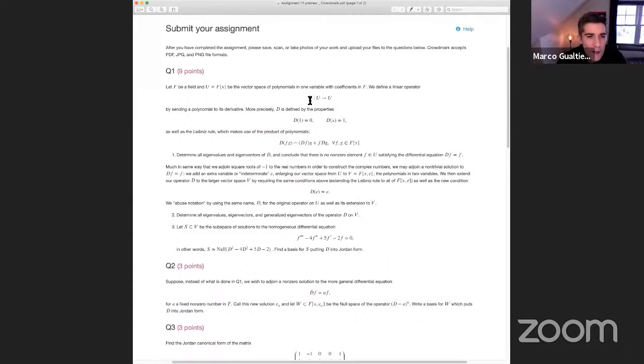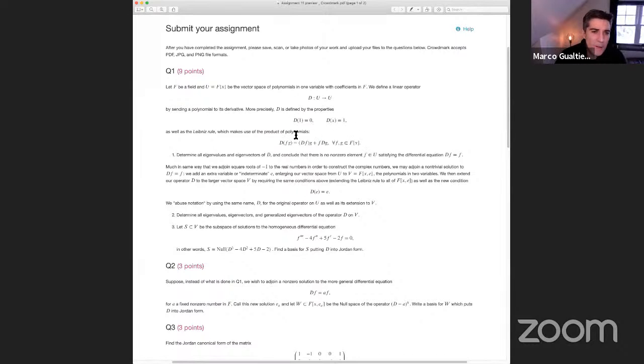It's just a linear map on the vector space of polynomials, which if you apply it to the constant polynomial 1, you get 0, because the derivative of any constant function should be 0. And then the derivative of the x function should be 1. That's all you do. You specify these two values.